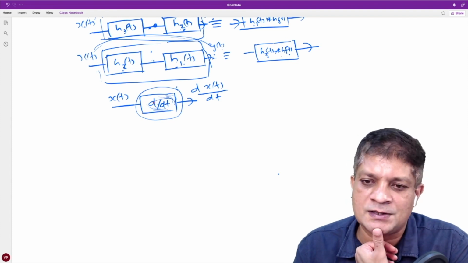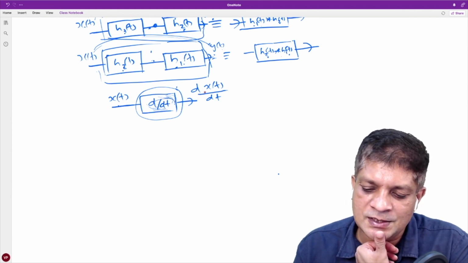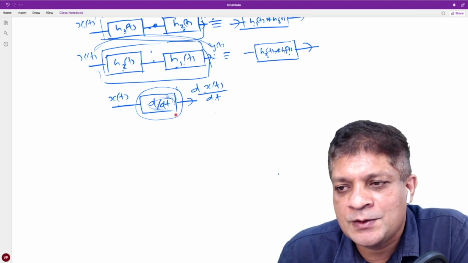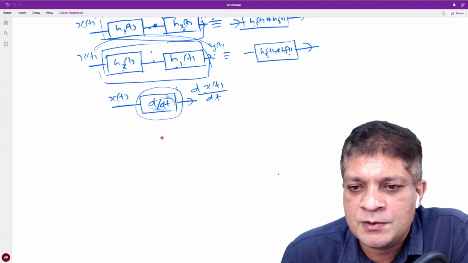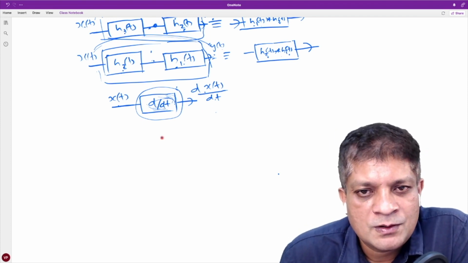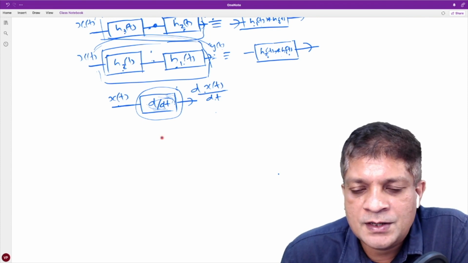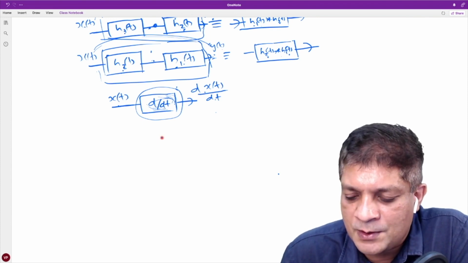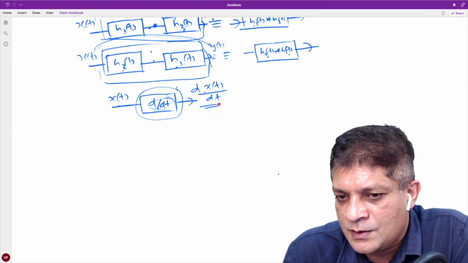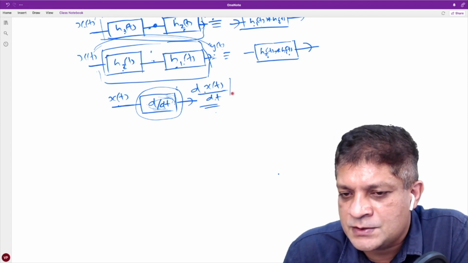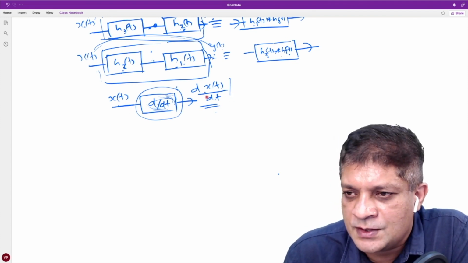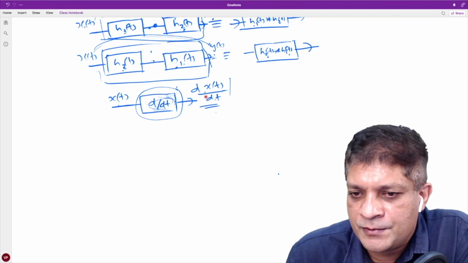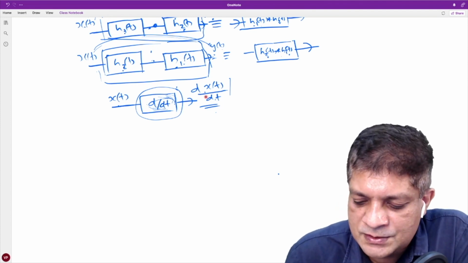It is a differentiator: the input is x(t) and the output is the derivative of the input signal. Is it a linear time invariant system? Yes, sir. This question was in the first tutorial sheet: prove that the differentiator is a linear time invariant system.